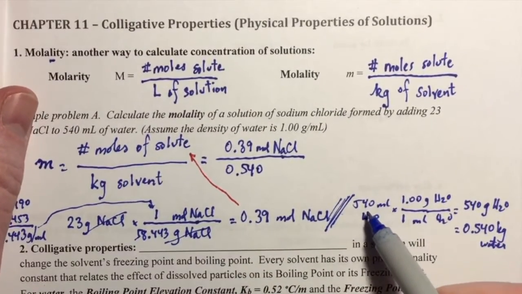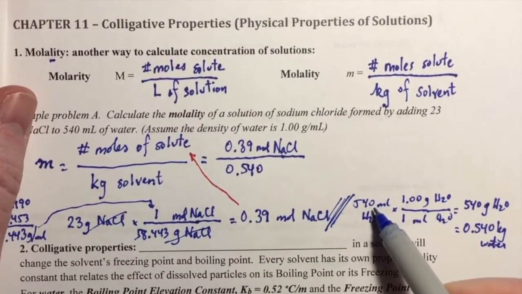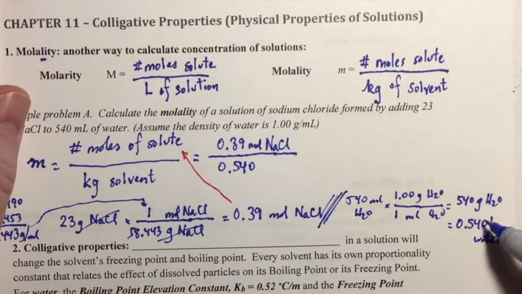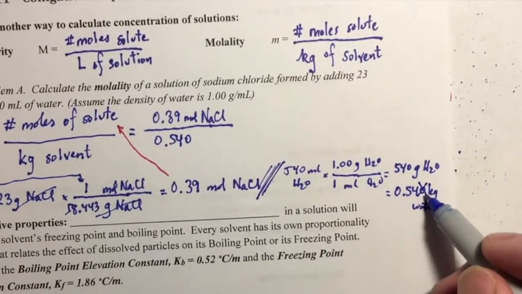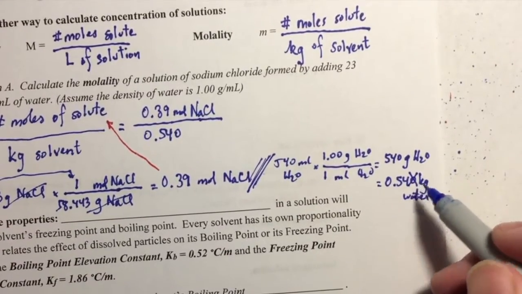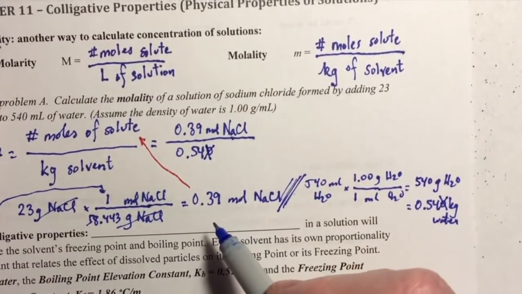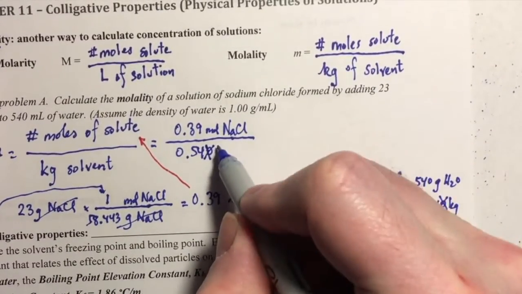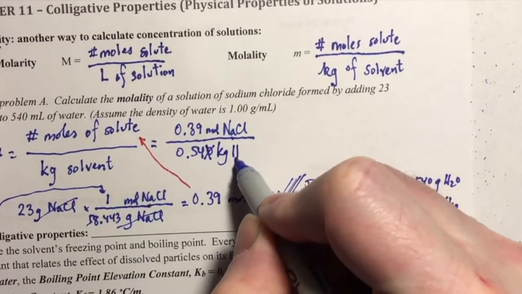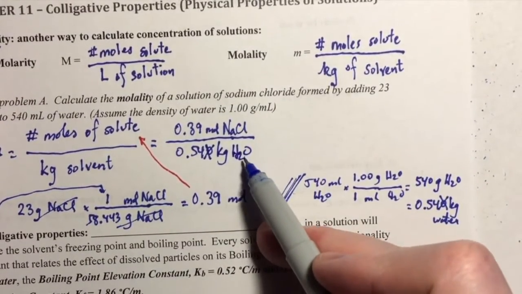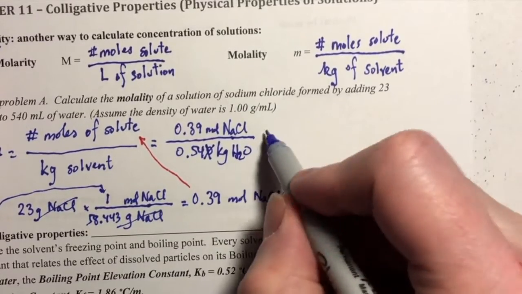Well, notice that this 540, this 0 is not significant because there's no decimal here. So indeed, this last 0 should not be included. So I'll just go ahead and cross that out as a reminder that that is not included in my sig figs. Kilograms of H2O. Remember, we're just talking about the solvent here. This is the kilograms of solvent.